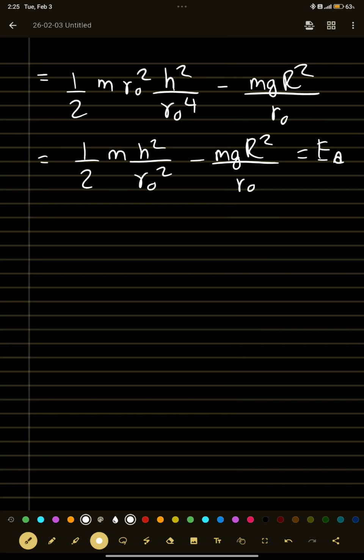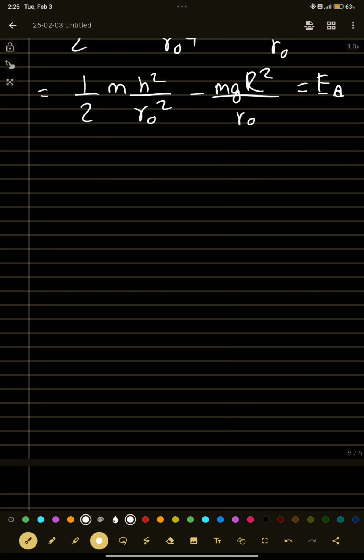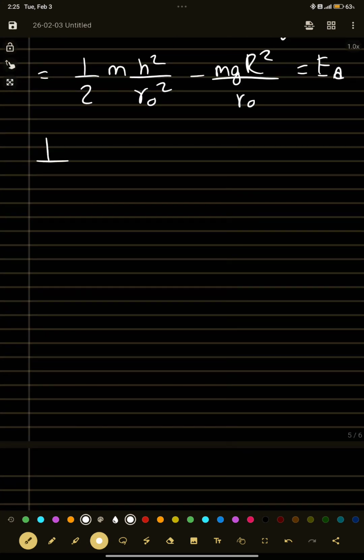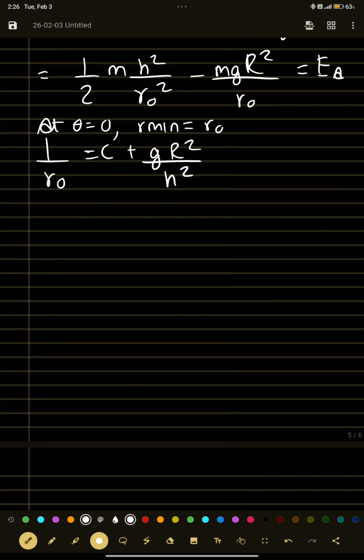Next part, you know that at theta equal to 0, R minimum is R naught. Instead of writing GM by h square, I am writing g r square by h square.